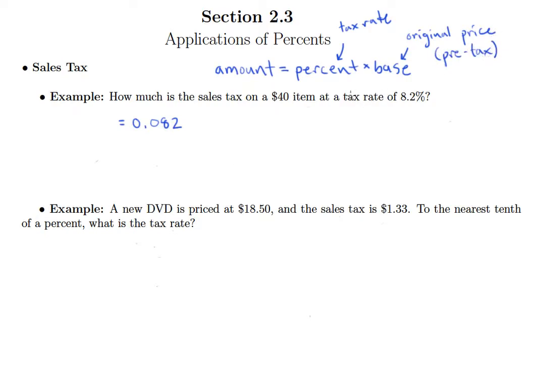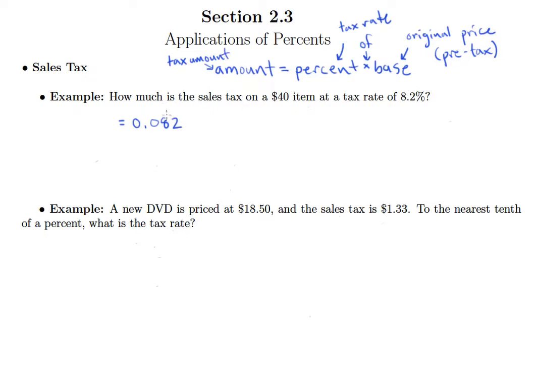And this makes sense, because when you calculate the tax on something, you take a percentage of that original price. Remember, times means of, so a percent of the base. That's why the base is the original price, and the amount is the tax amount.